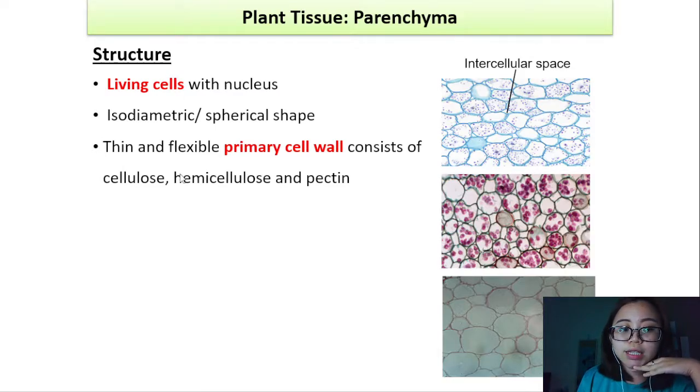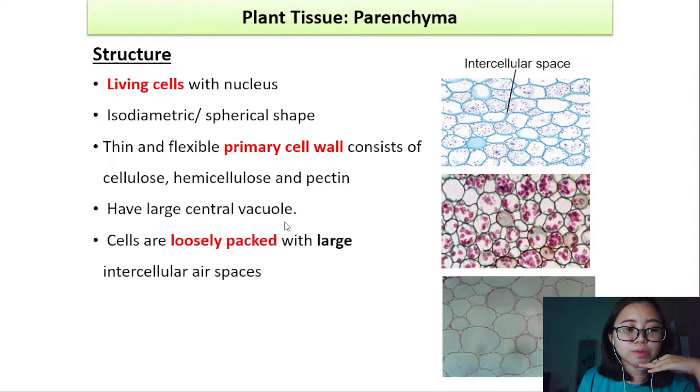Primary cell wall terdiri daripada ini, cellulose, hemicellulose, pectin. They have large central vacuole untuk dia simpan apa-apa yang dia perlu simpan. They are loosely packed with large intercellular air spaces. Disusun secara longgar. Itu direct translate loosely packed with large intercellular air spaces.